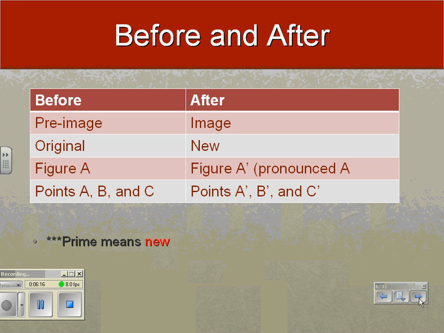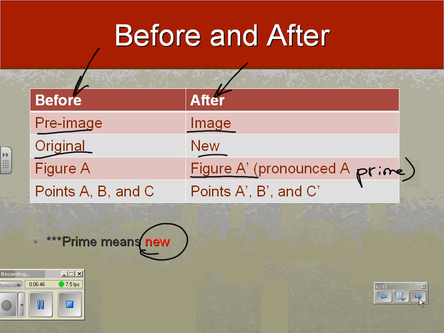So we have the before and the after, the pre-image and the image, the original and the new. And then this is just how you talk about it. You would say figure A, and then you could pronounce the new figure, figure A prime. And then points A, B, and C, and afterwards points A prime, B prime, and C prime, and prime means new.